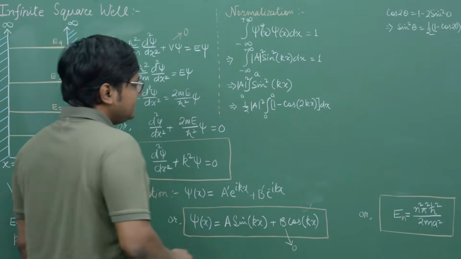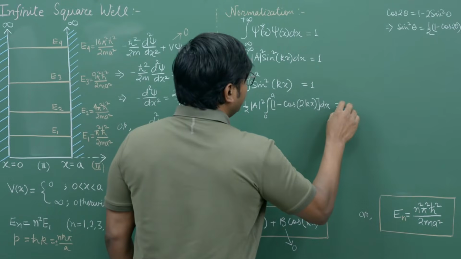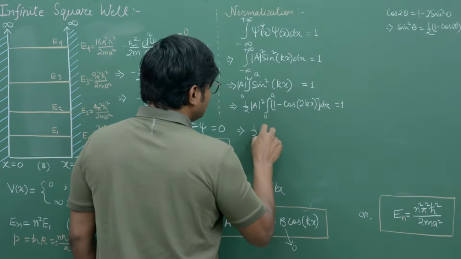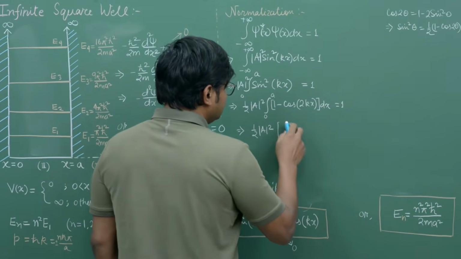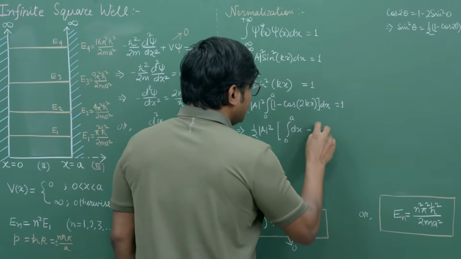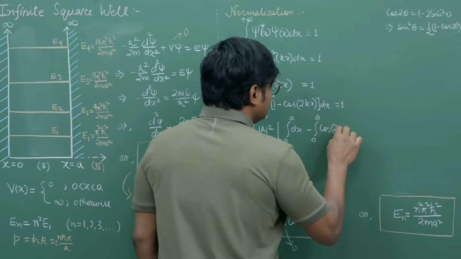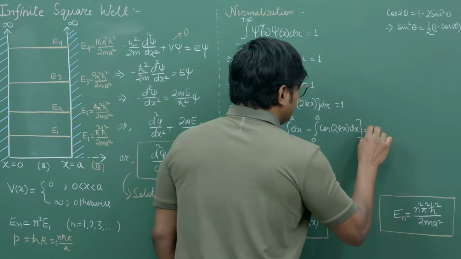Okay, so if I integrate this, I should be able to get a value of A. So this becomes half of mod A square. Now this is simply an integration from 0 to a of dx, and this is an integration from 0 to a of cos 2kx dx, equals 1.